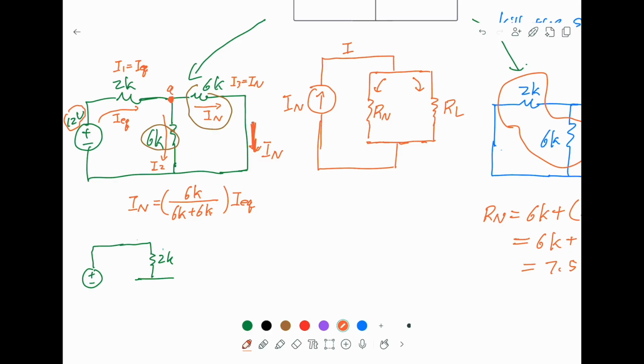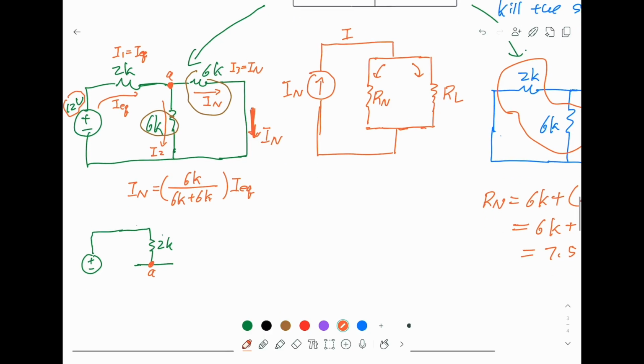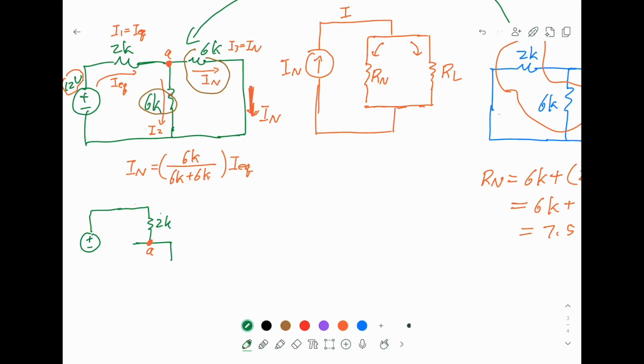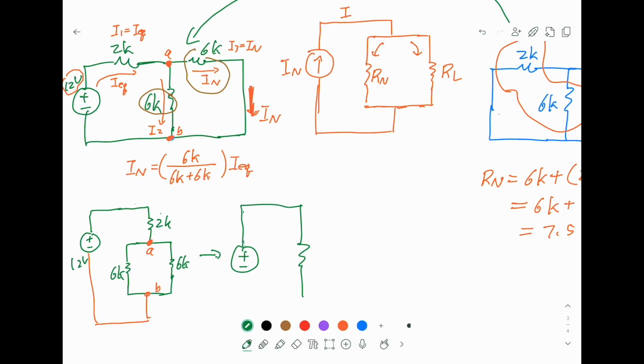This splitting point is A, and the right hand side is your 6K, and this one is your 6K, and then you recombine at B, and then you reconnect. So this is 12 volts. We use a single resistor to replace it, and this single resistor is the equivalent.